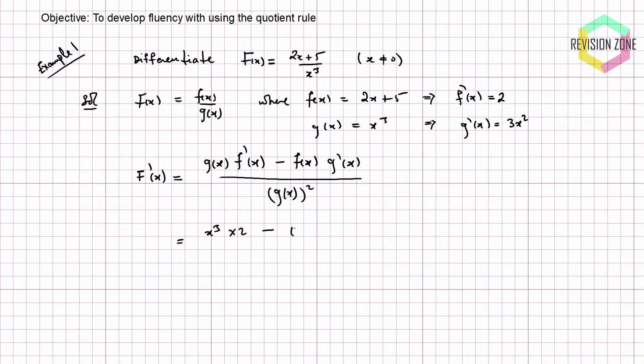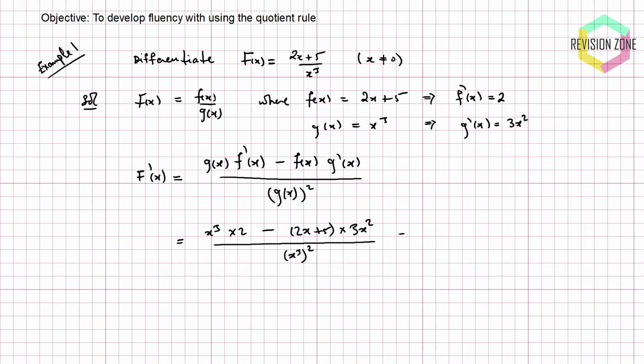I'll write that in brackets to make sure there's no confusion. And then for the last term on the numerator, I'm going to have g differentiated. So g prime is of course 3x squared as we worked out. So I'm going to write down times 3x squared. And that gives us all of the numerator, and the denominator we can just write down the function g all squared. So I'm going to have x cubed all squared.